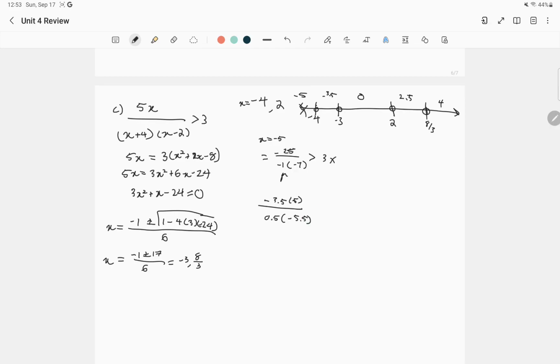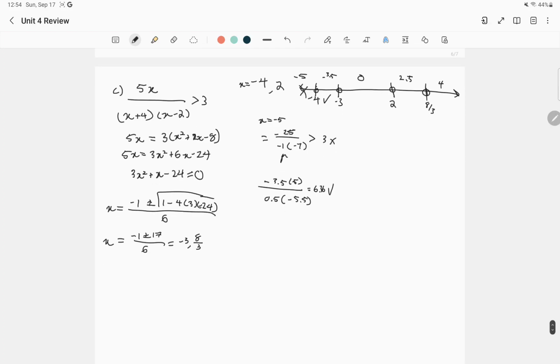And let's calculate this out. Negative 3.5 times 5 over 0.5 times 5.5 is equal to 6.36. My apologies. And this works. So we have our interval here that works.